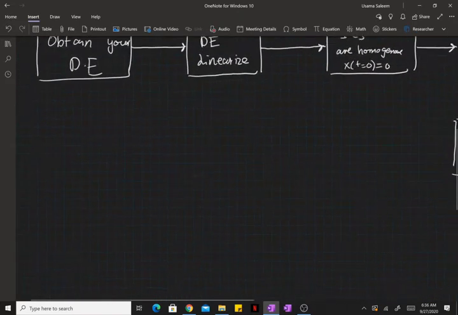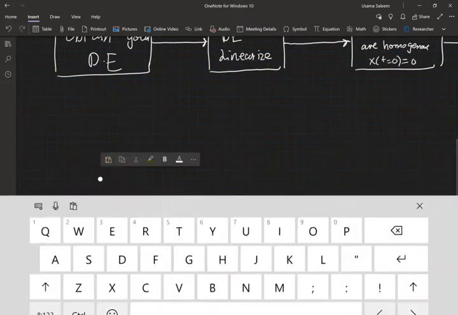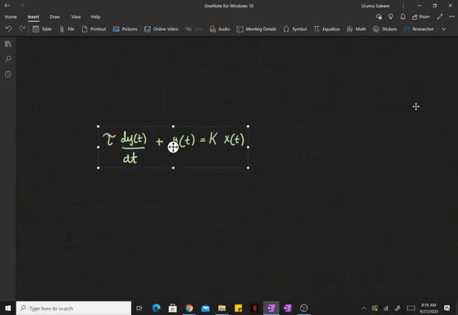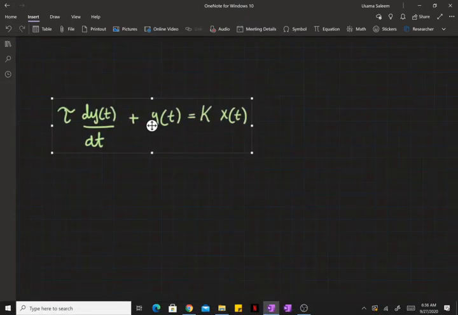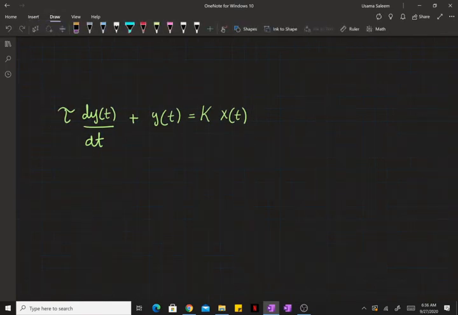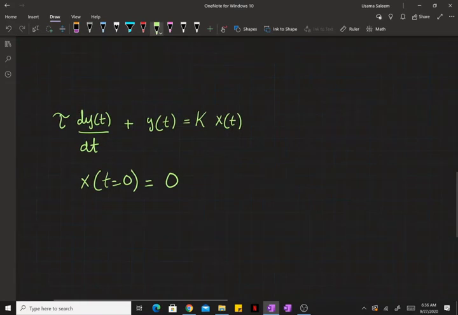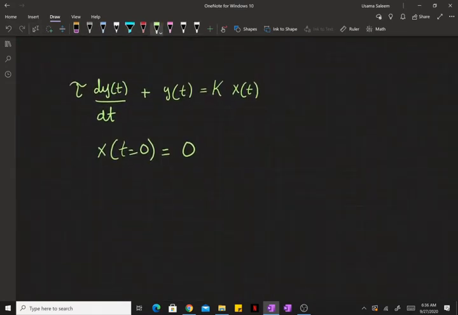And obviously we need homogeneous initial conditions, so I'm gonna put x at t equals 0 equal to 0. Now this differential equation is already linearized and we have our homogeneous initial conditions, so we can just move forward and take the Laplace transform of the left hand side and the right hand side.